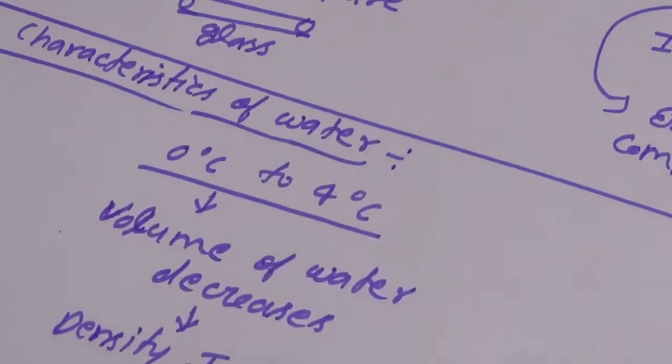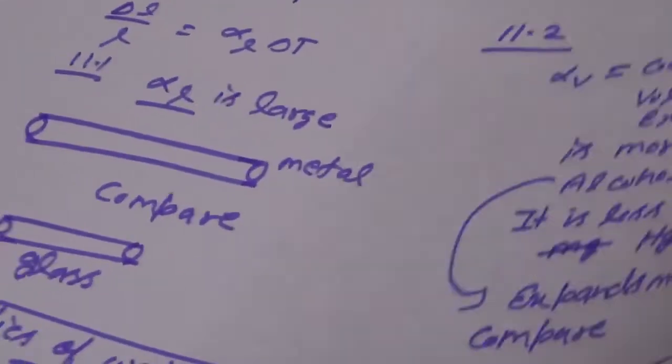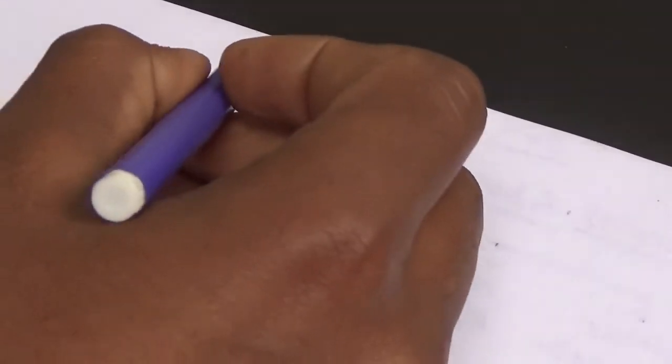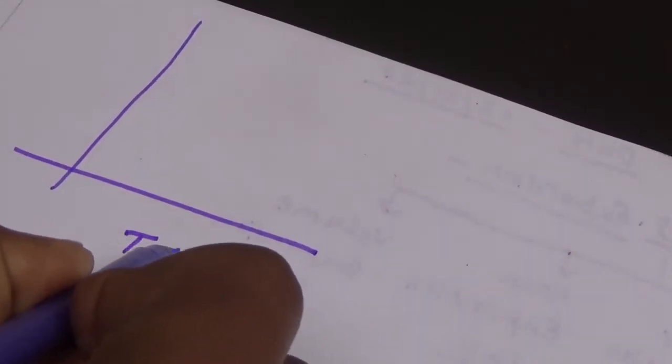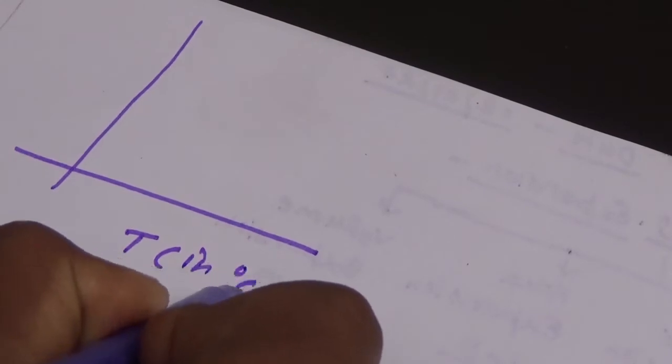If we see this behavior of water on a graph, you can see this graph with rise in temperature. Here we have chosen temperature in degrees Celsius, and on this line we have volume of water.